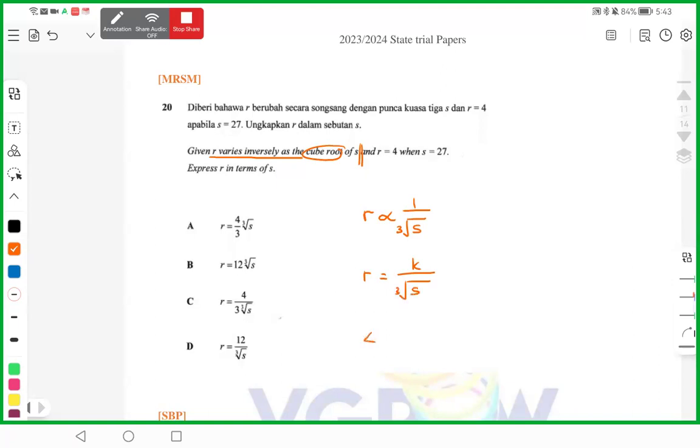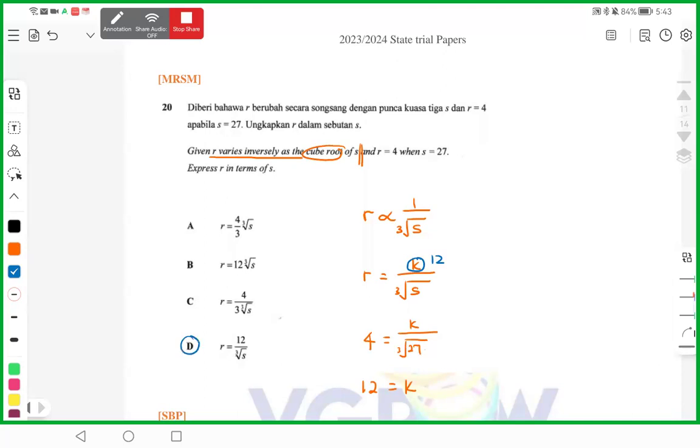So R is 4, S is 27, cube root of 27 is actually 3, right? So k equal to 3 times 4 is 12. So we get k equal to 12. So change this to 12 and we get the answer.